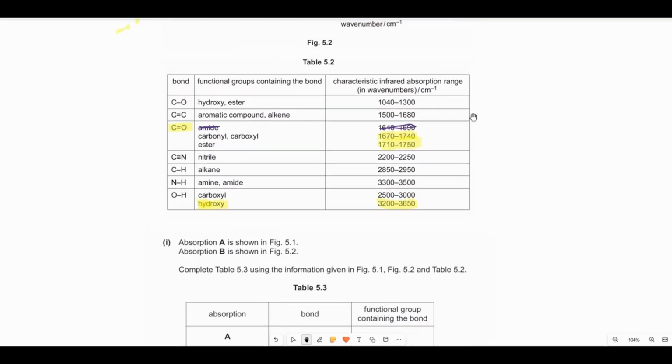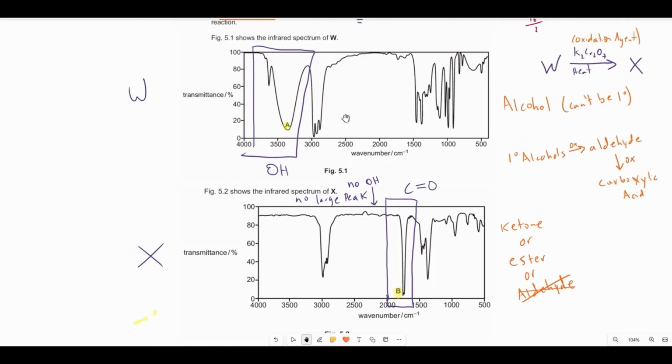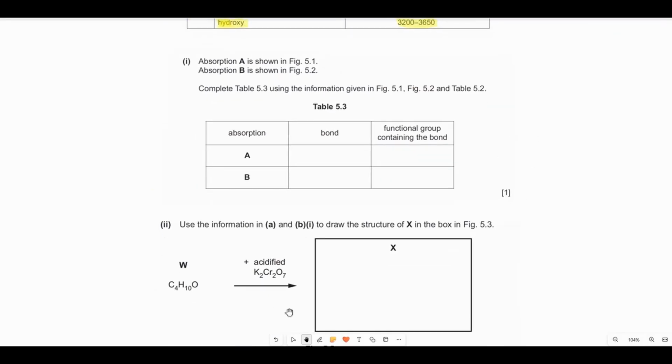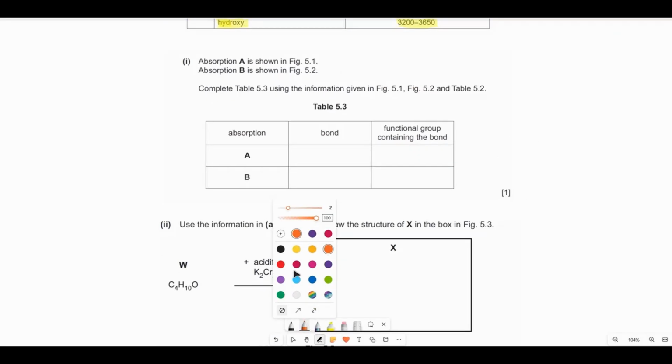So what we know now is that because of that wide peak, we know A is an alcohol. We know it cannot be a carboxylic acid because there is no peak at 1700. So we know it's an alcohol, meaning we can actually answer this question right here. So let me change my color. So what is the bond? Well, we know the functional group is an alcohol or hydroxyl, whatever you want to call it.